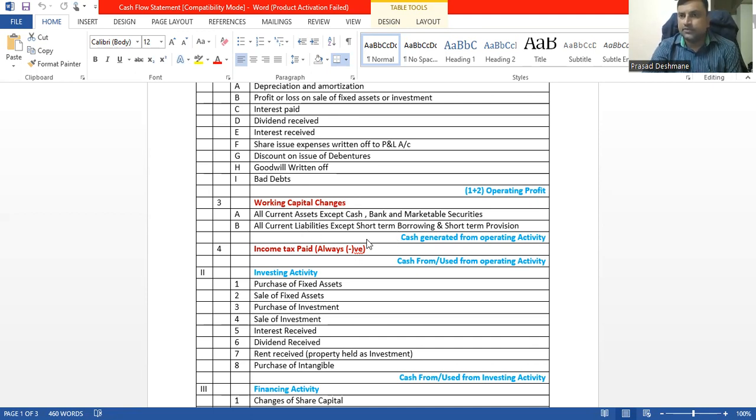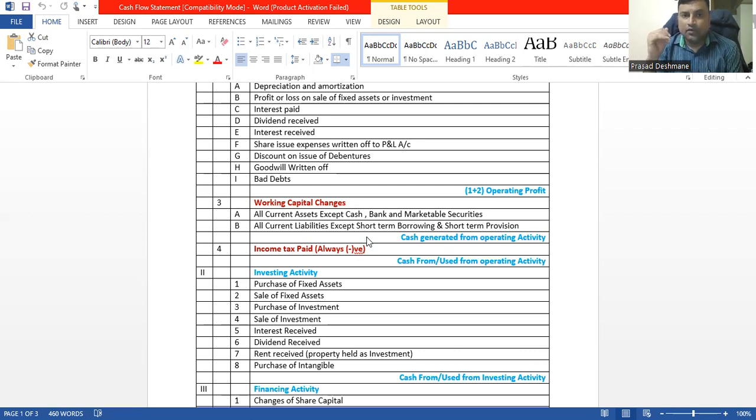In working capital changes, we consider two things. First one is current assets, and second one is current liabilities. But while putting all current assets, there are some exceptions. What are the exceptions? Except cash, bank, and marketable securities. These three things we exclude while recording all current assets in the working capital.